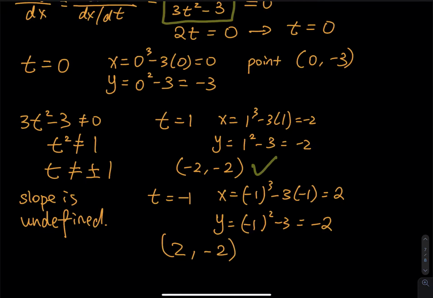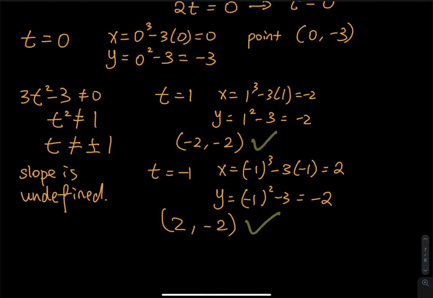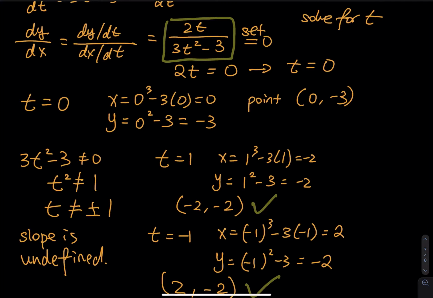And these 2 points, one in here and one in there, what do we have? We have a vertical tangent at these 2 points, and then at this point 0 comma negative 3, we have a horizontal tangent.